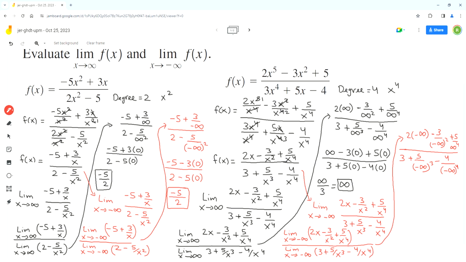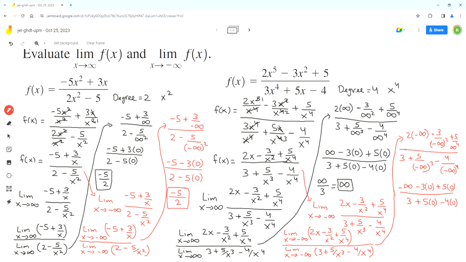Now we can evaluate the expression in the numerator. So 2 times negative infinity will just be negative infinity. And the second and the third term will just become minus 3 times 0 and plus 5 times 0 because infinity is in the denominator. And in the denominator expression, we get 3. So 3 stays as it is. And then plus 5 times 0, and then minus 4 times 0.